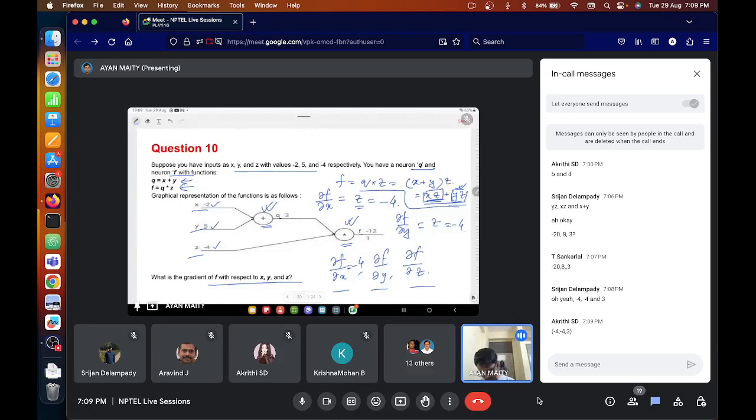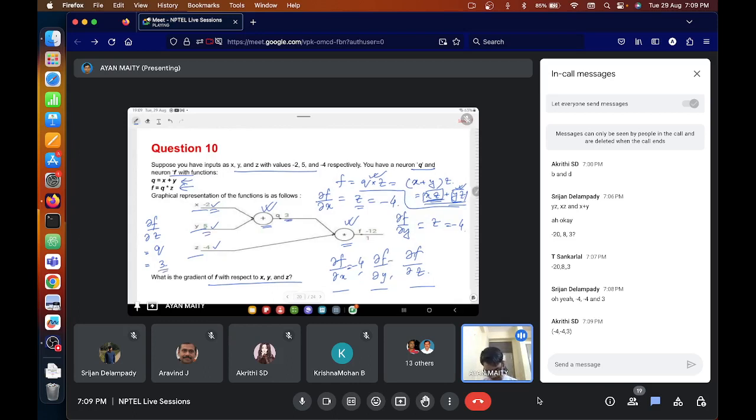And then finally, the derivative with respect to z. f is q into z, so the derivative with respect to z would be only q, and q is 3 here, because q is the sum of x and y. x is -2, y is 5, so q would be x plus y, which is 3.